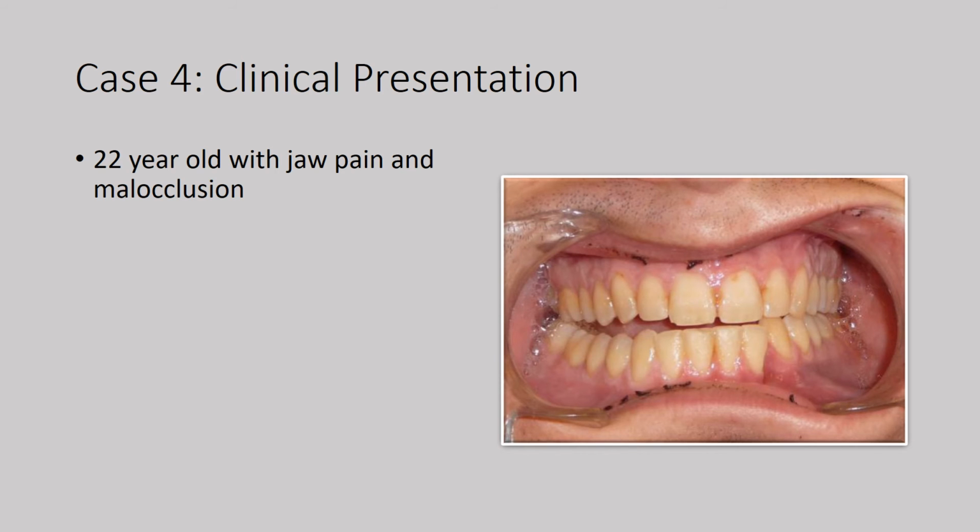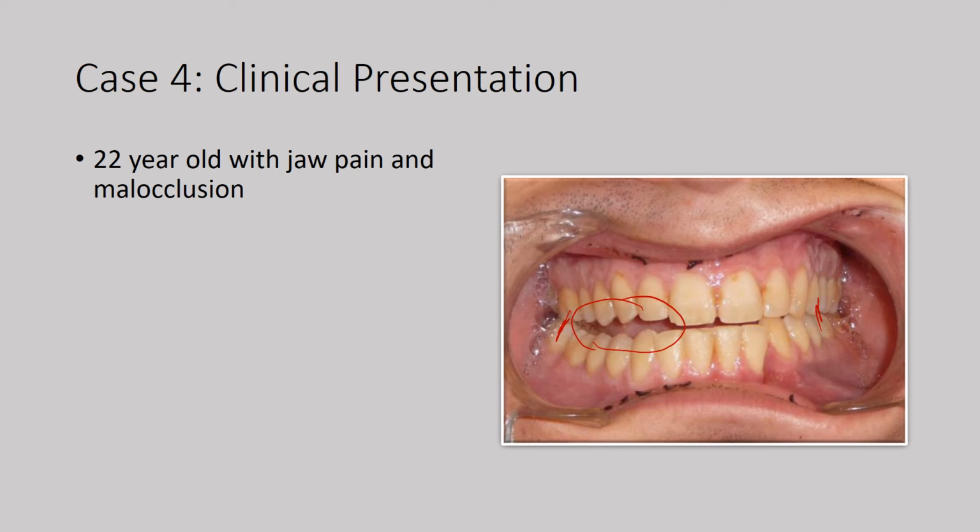So this is actually a case I saw and treated during my oral surgery intern year. This was a 22-year-old college kid who presented after an altercation with his roommate in which he was punched in the jaw. He complained of pain and malocclusion, and notice on the intraoral radiograph that the posterior teeth are contacting here and here, but the right lateral teeth are wide open.